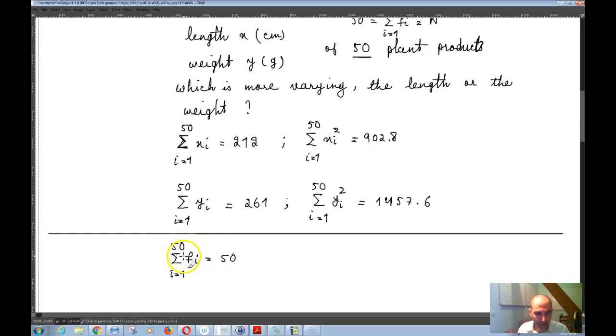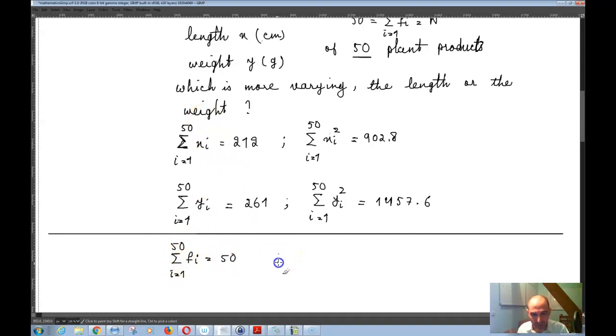That means that the frequency of each of those observations had to be 1, otherwise this sum could not become 50, because you're going from 1 to 50 and the sum has become 50. That means that each of those observations is actually equal to 1.